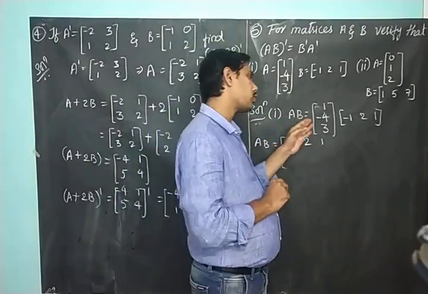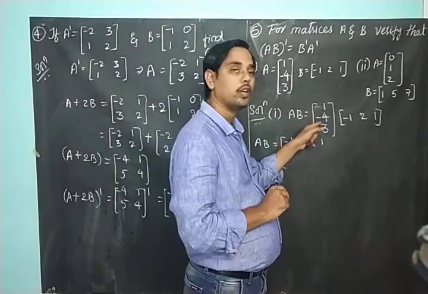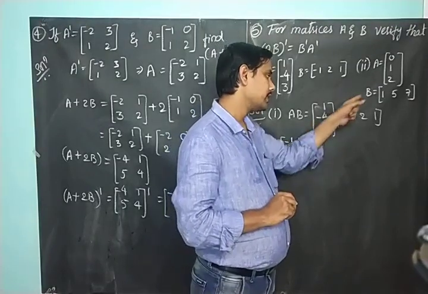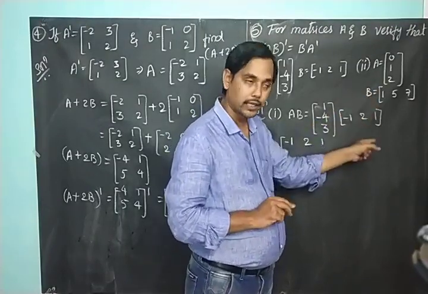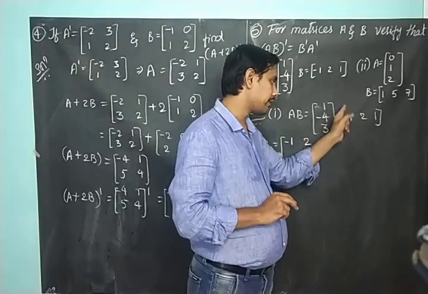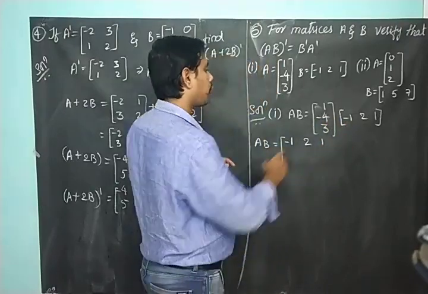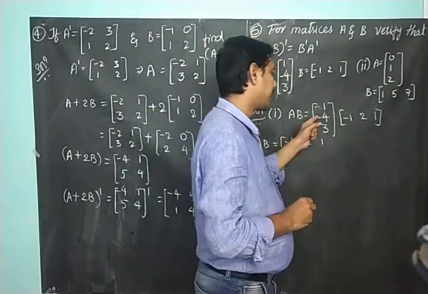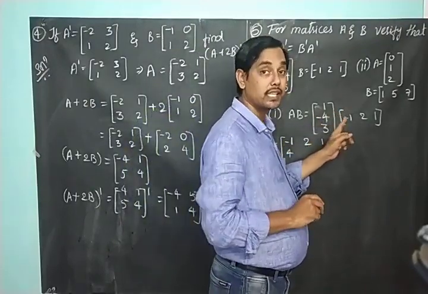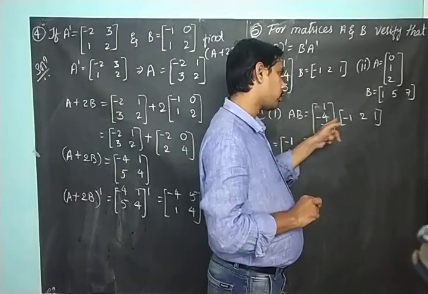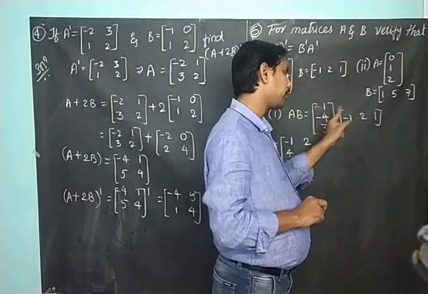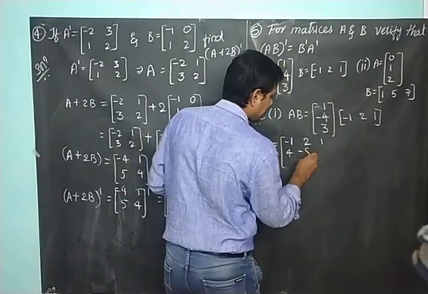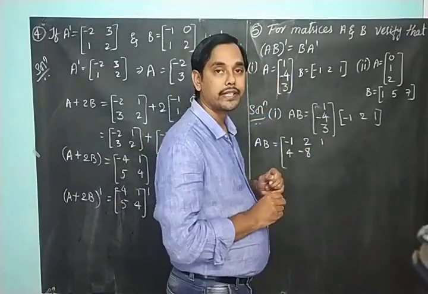Now let us move on to the second row. What is there in the second row? Minus 4. Minus 4 should be multiplied with the first column, second column and third column. Minus 4 into minus 1, that is plus 4. Now the second row with the second column, minus 4 into plus 2, that is minus 8, right?